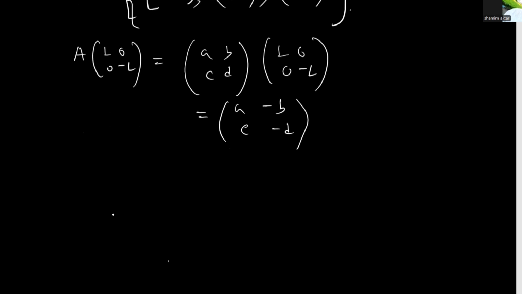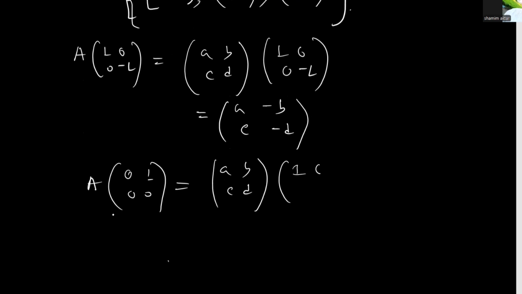And now A into 0 1 0 0 is a, b, c, d into 0 1 0 0, which equals 0, a, 0, c.